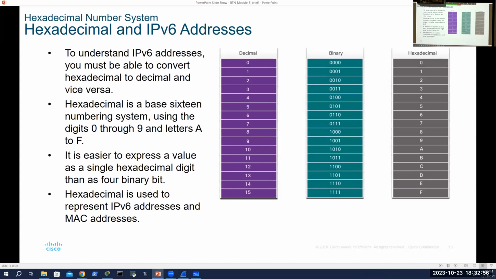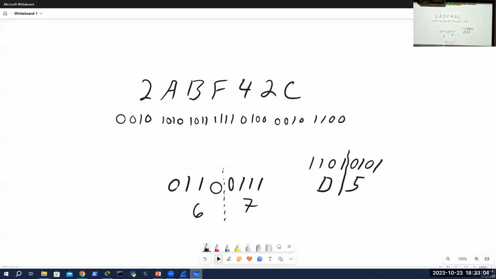You're counting 1, 2, 3, 4, 5, 6, 7, 8, 9, and you want to keep going.